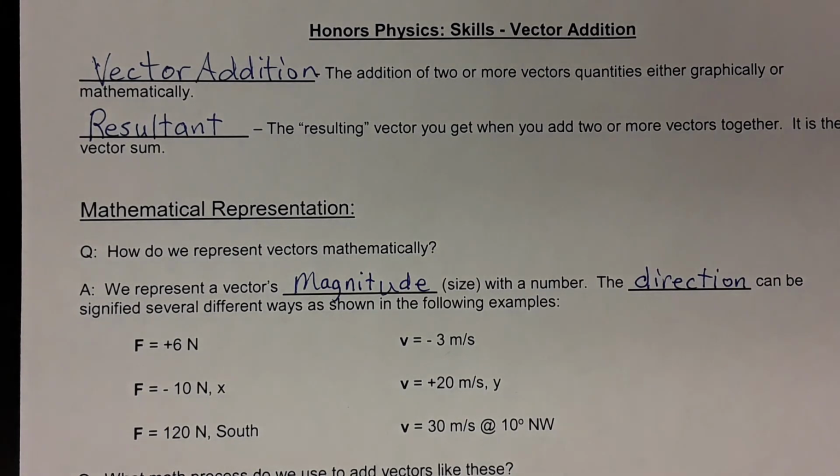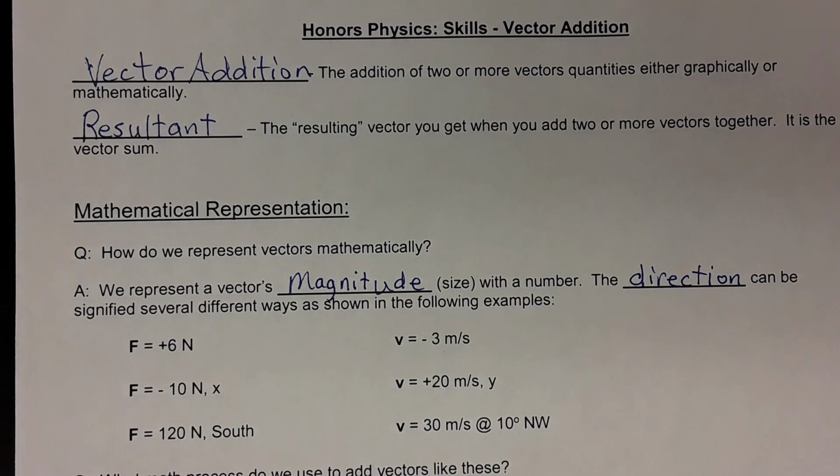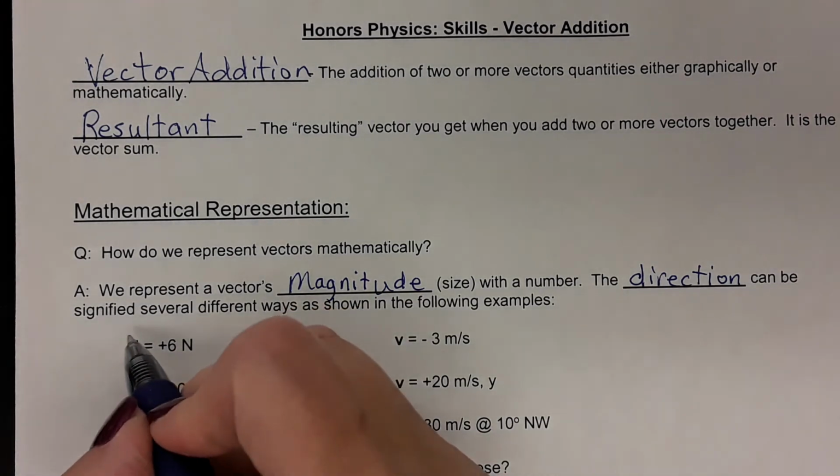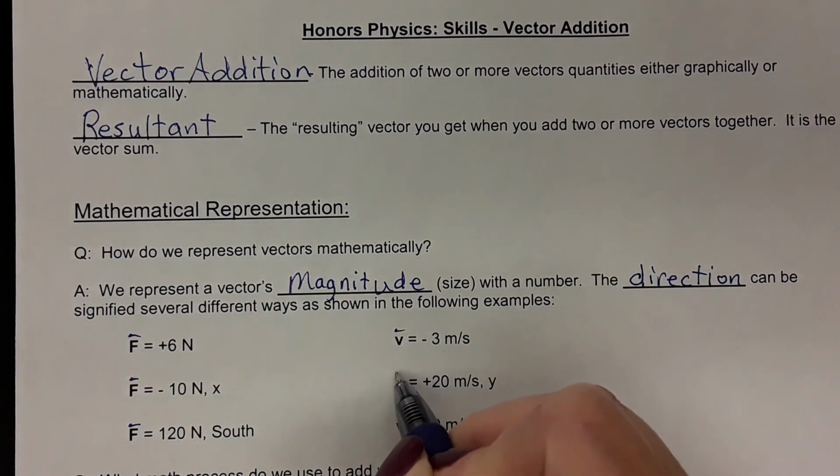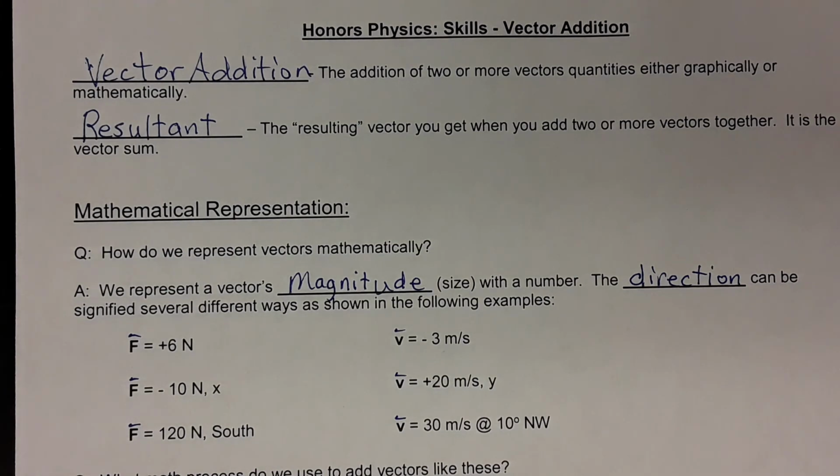It depends on what type of directional system you're using. For example, in these vectors that I've listed right here, we need to put their little vector symbols on top since the word processor won't do that.